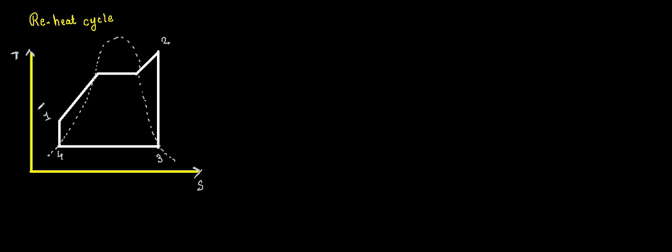The efficiency of the simple Rankine cycle can be improved by increasing the pressure and temperature of the steam entering into the turbine. So if we are able to increase this temperature somehow, we are able to increase the efficiency of the Rankine cycle. So what is the efficiency equation for the Rankine cycle?